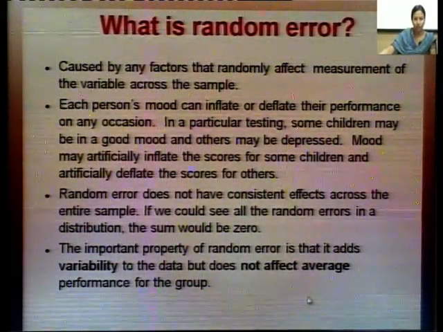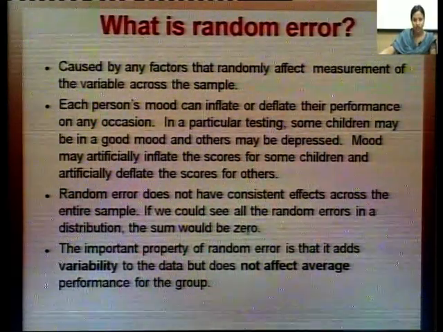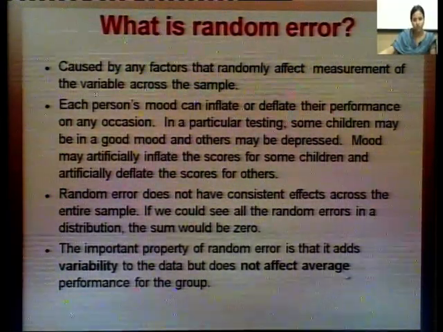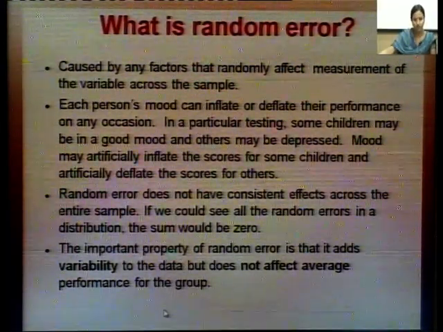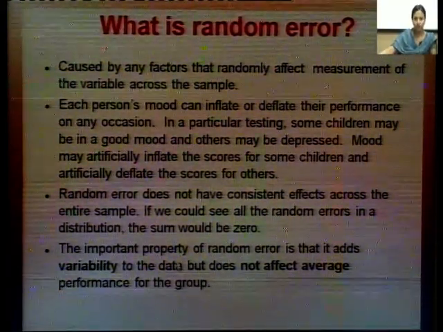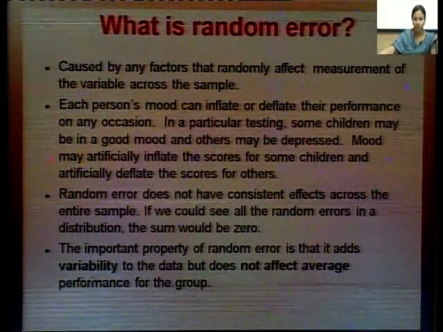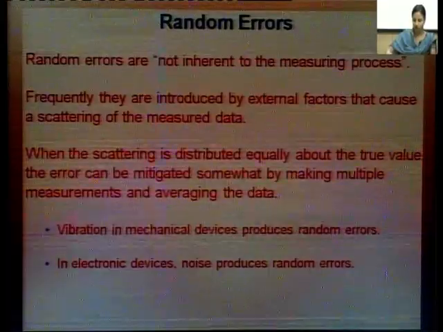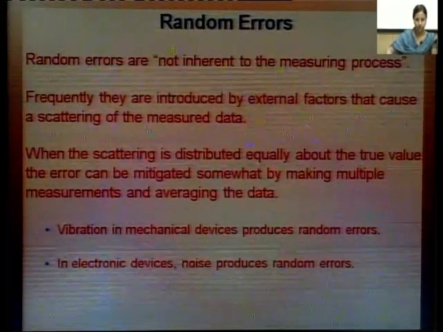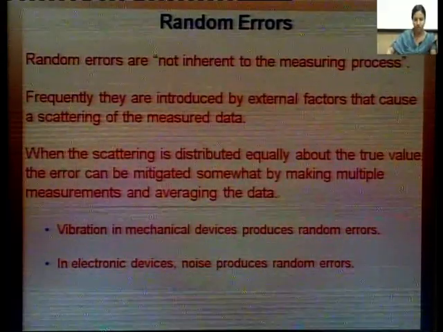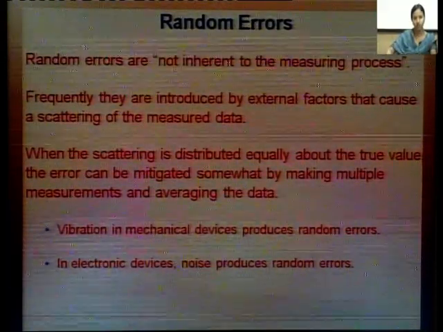The important property of random error is that it adds variability to the data, but it does not affect the average performance for the group. Average performance remains as such, but for each data point it adds some value. We know random errors are not inherent to the measuring process. It is due to unknown reasons.